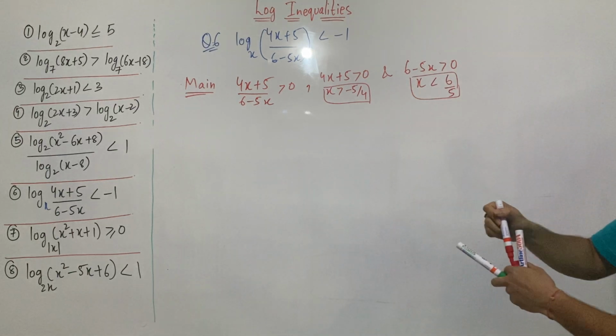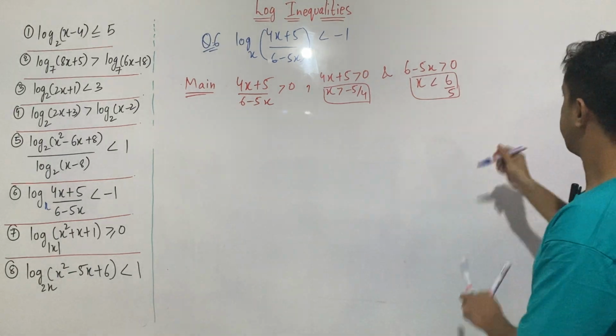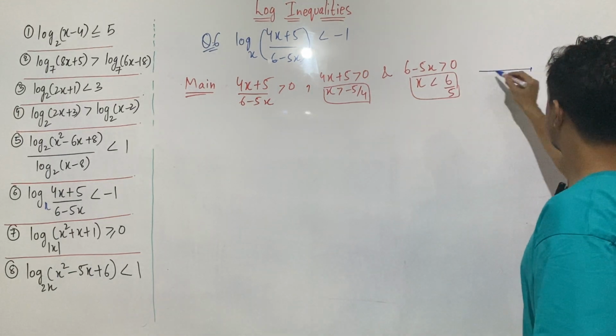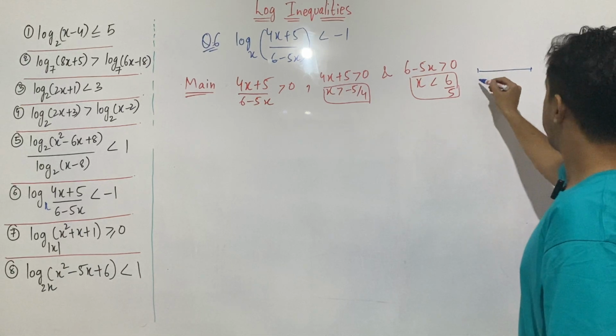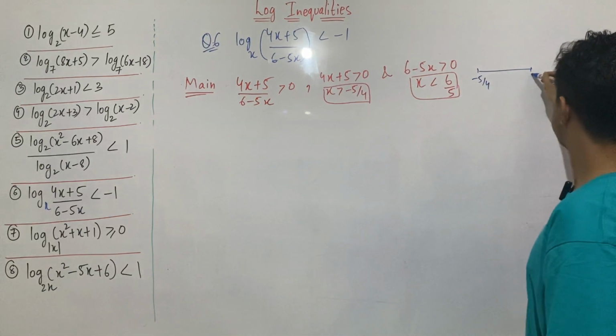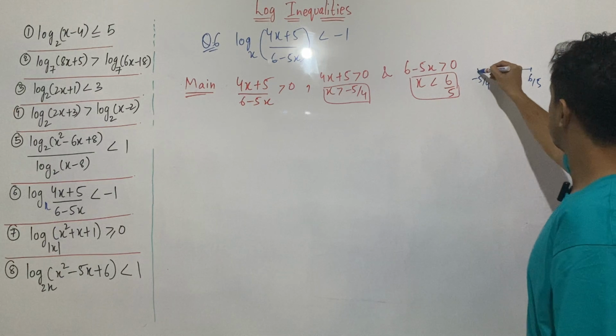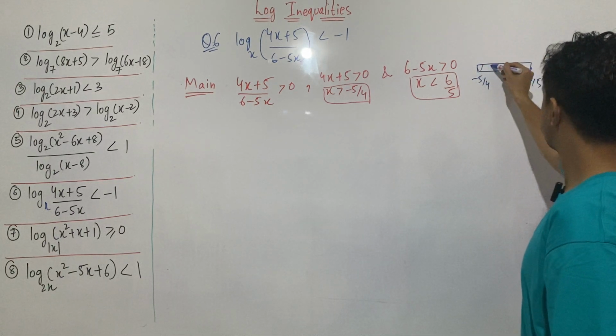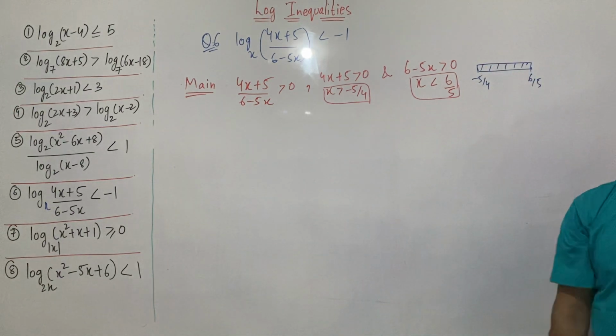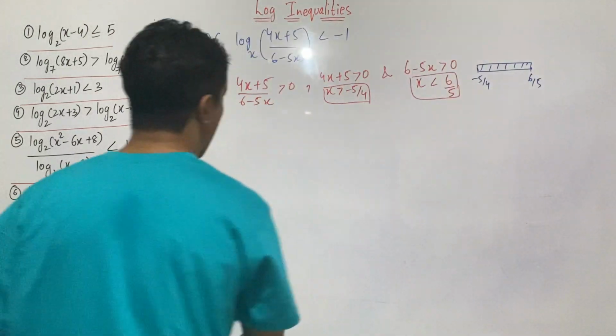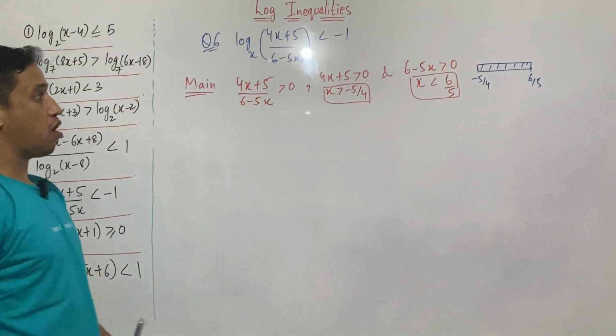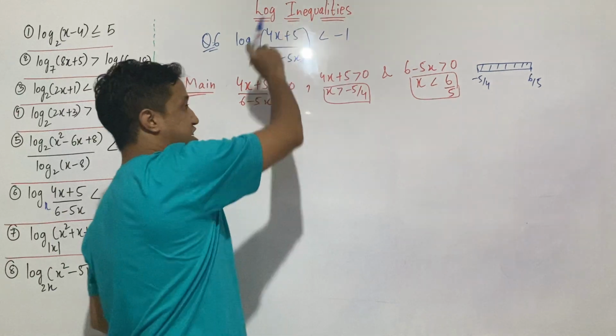If I make a number line here, this is -5/4, this is 6/5, so it represents this region. Then the next part is that we'll take the question.